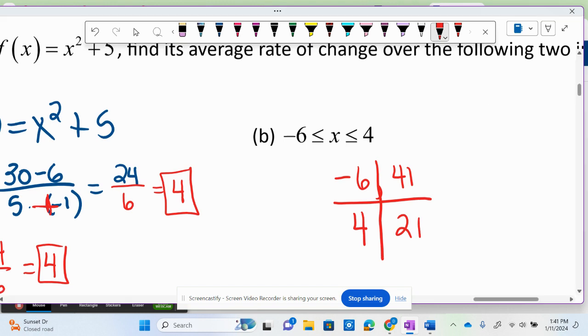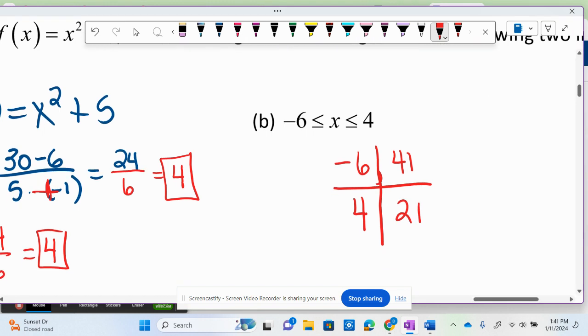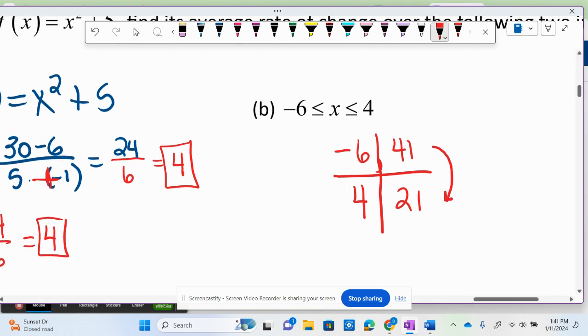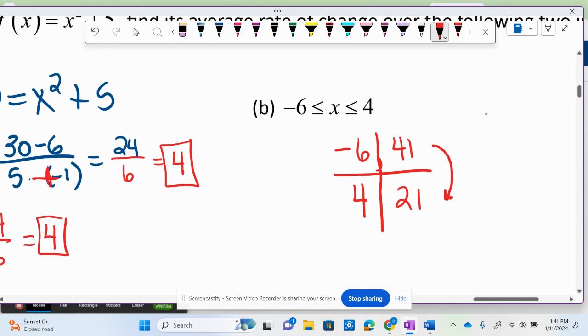21. Okay. So what did I do to 41 to make it equal 21? Did I add or subtract? I subtracted. How much did I take away? 41 minus what equals 21? Minus 20.